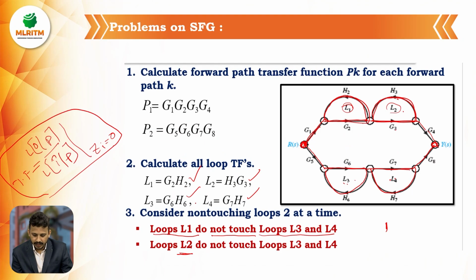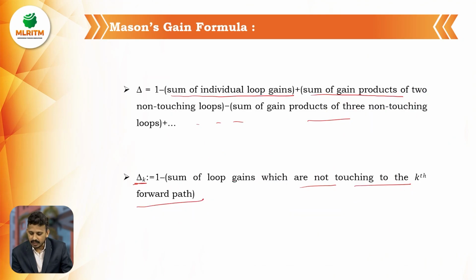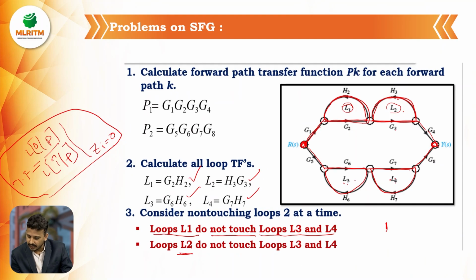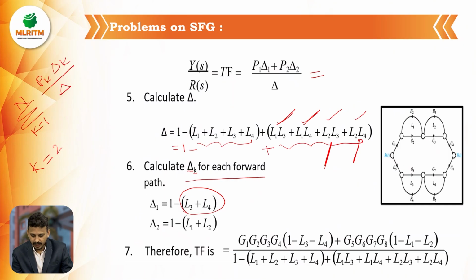Because the formula is 1 minus the sum of loop gains which are not touching the kth forward path. L3 and L4 are not touching the first forward path, no? So delta 1 is equal to 1 minus (L3 plus L4).